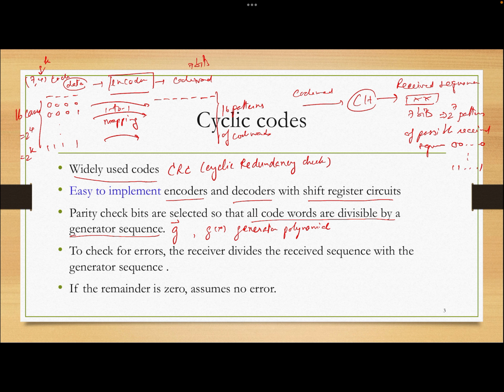So 2 to the 7 equals 128 patterns. In this case, there will be only 16 code words, and the other 112 sequences are not code words.